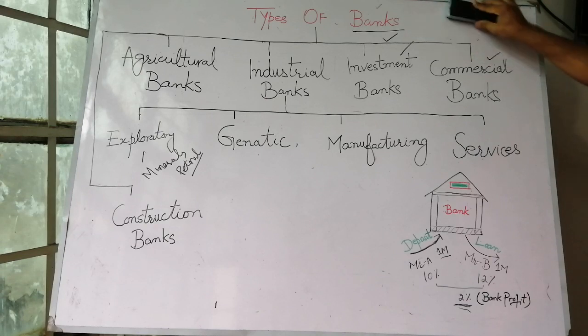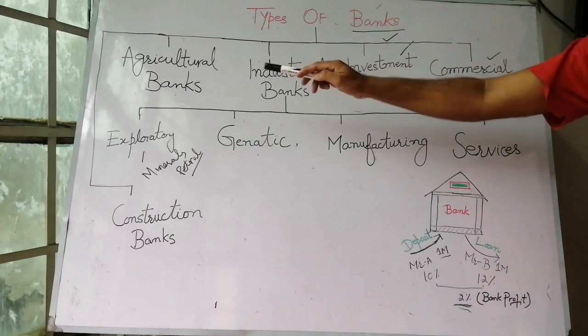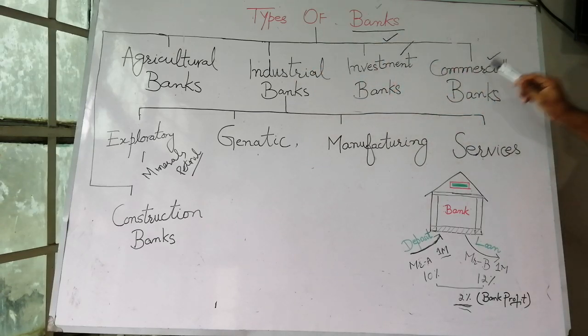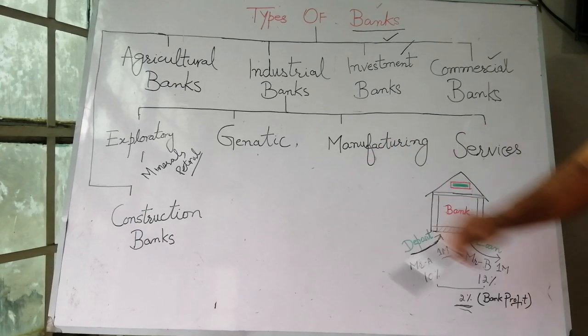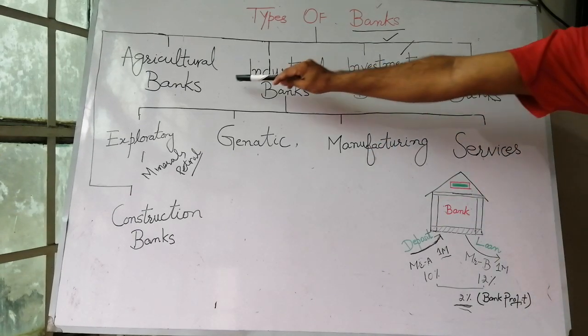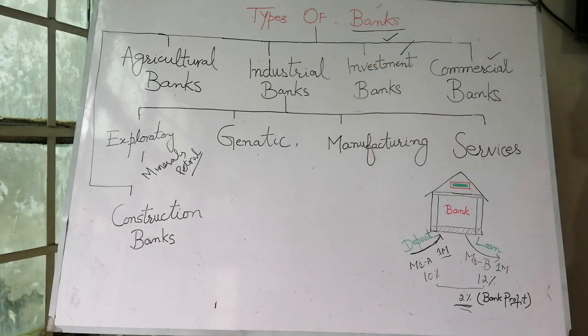Now let's discuss what are the types of the banks. There are 5 main types: agricultural, industrial, investment, commercial, and construction banks. Let's discuss them one by one, starting with agricultural. Agricultural banks are the banks which promote the agricultural sector of any country.